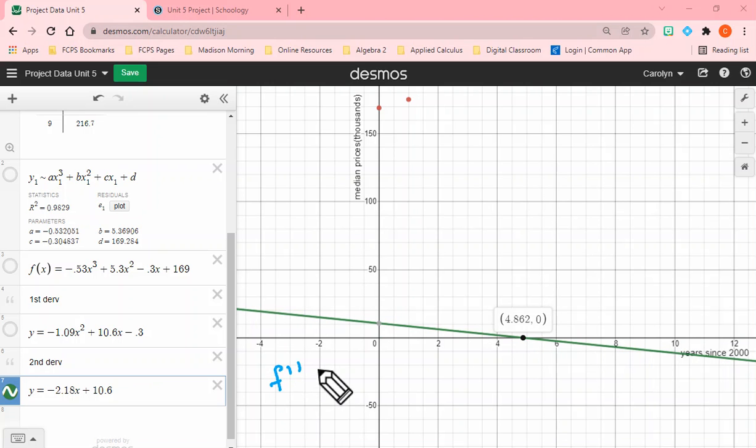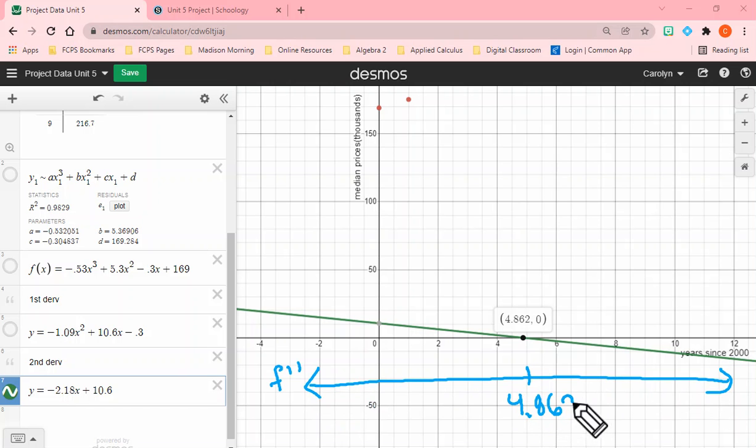So the second derivative number line, 4.862. It's positive and negative. That means that the original graph is going concave up to concave down. So we've got a point of inflection.